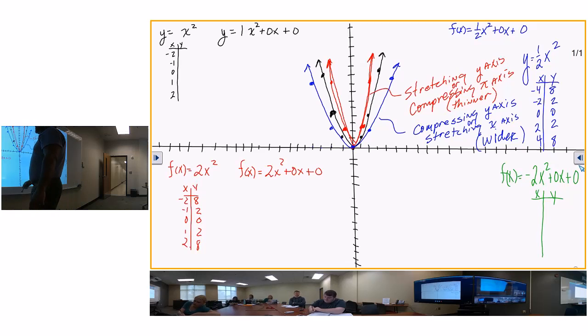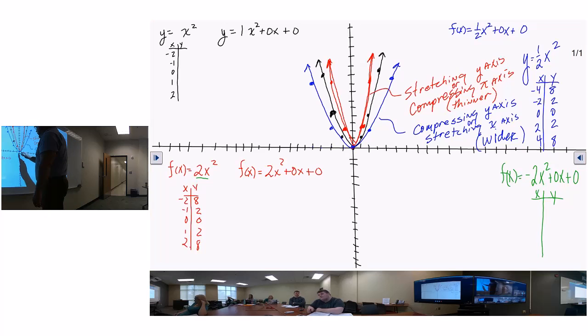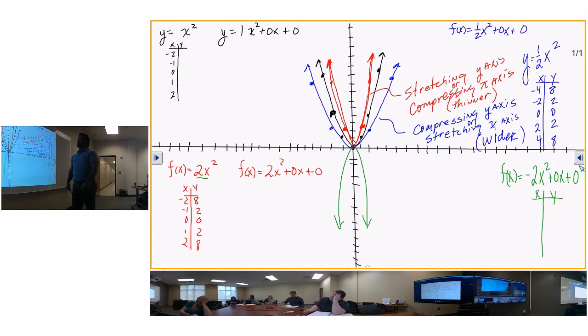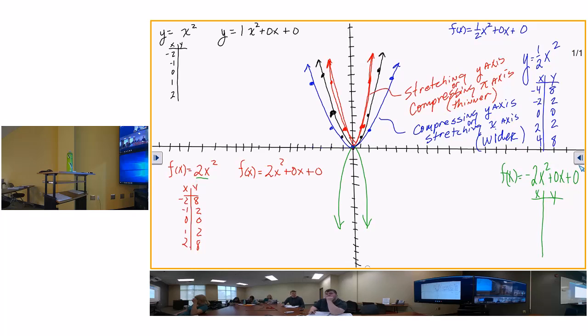The red parabola is 2x squared. So what is the green parabola going to look like? It's going to look just like the red parabola, except it's going to be what? And that's what a tells us. A tells us if it's opening up or opening down. It also tells us if it's going to be stretched or compressed along which axis. So it tells us orientation and direction.